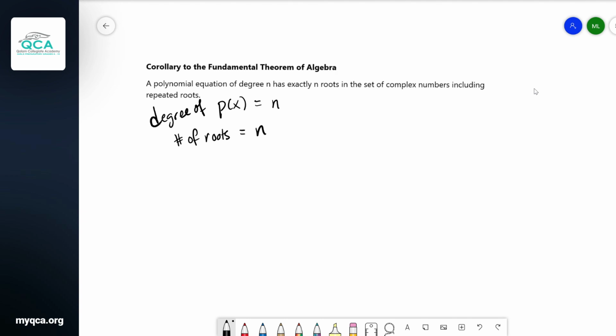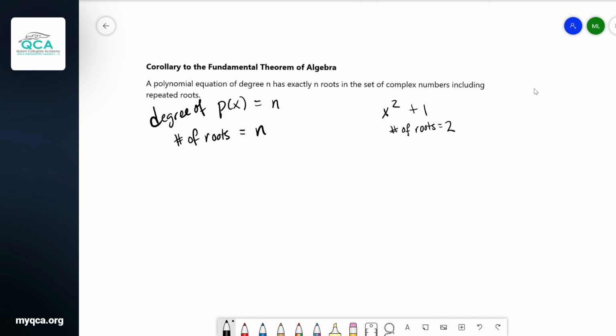And this is what we talked about earlier, that if we have x squared, we will always have two roots. For a parabolic equation, x squared plus 1, the highest degree is 2, so it's a polynomial of degree 2. So the number of roots this equation will have is 2.